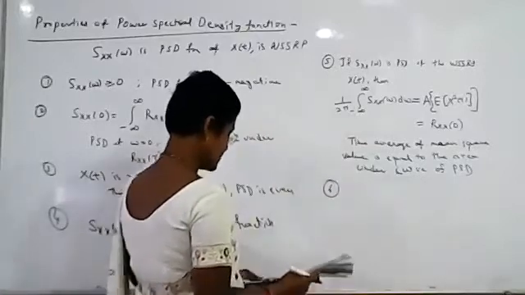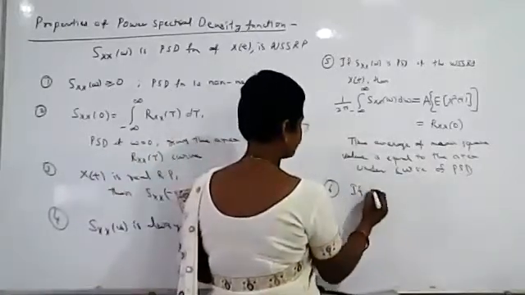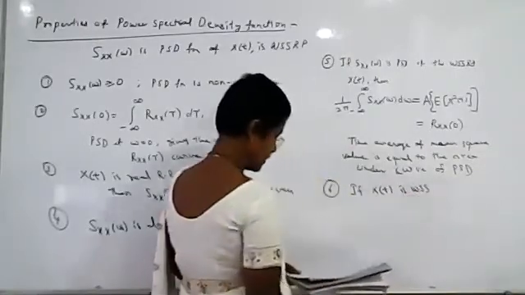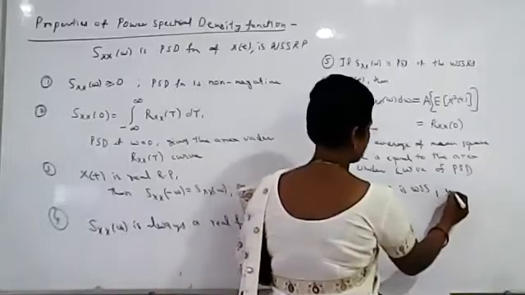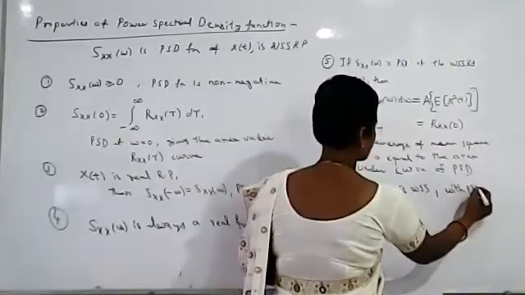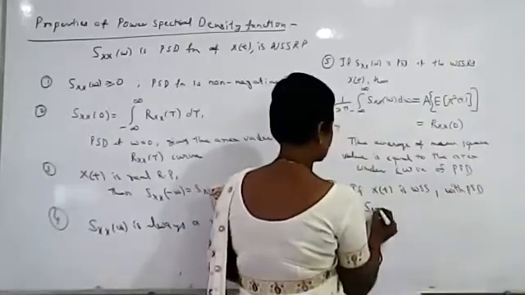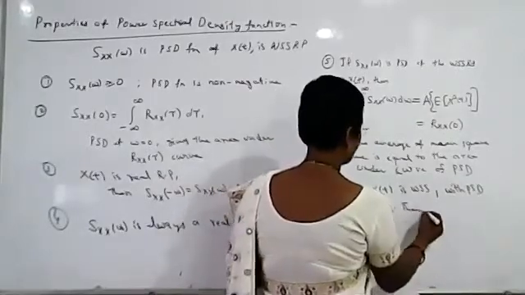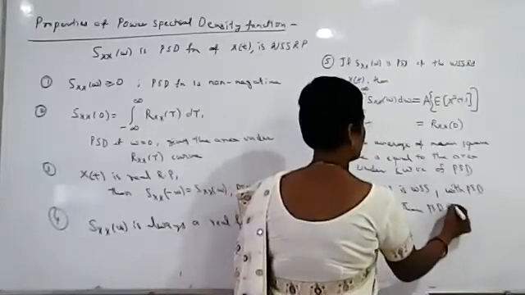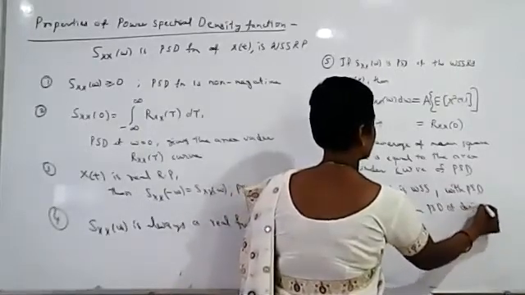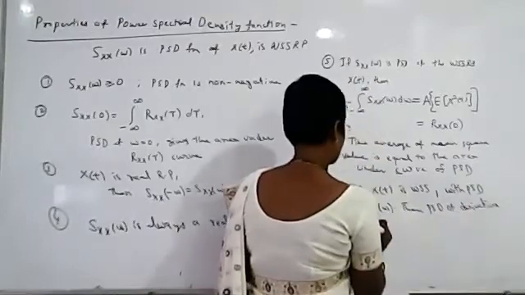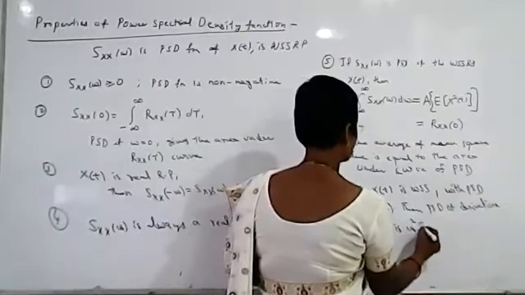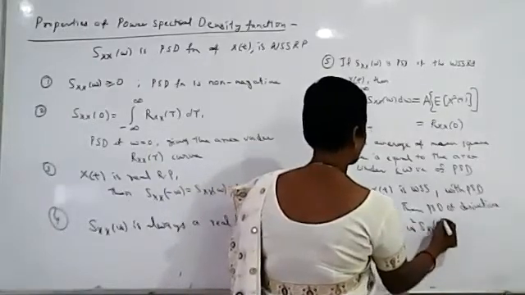And the sixth property is that if x of t is a wide-sense stationary random process with PSD given as Sxx of omega, then the PSD of the derivative of x of t is omega square times the PSD of x of t.